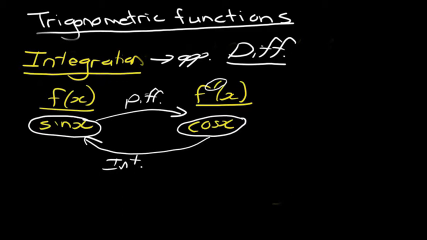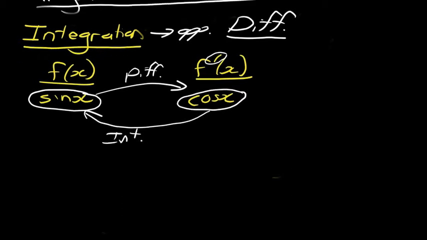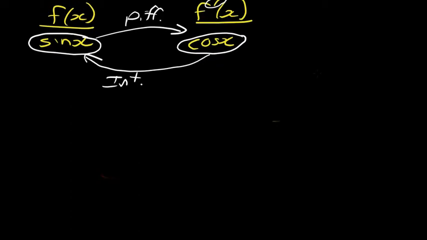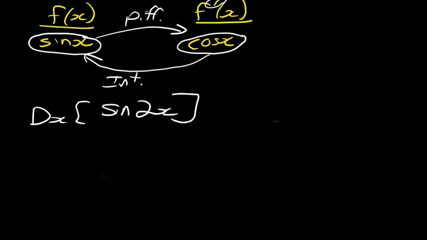Okay, so let's look at an example of how we will deal with differentiation and integration. Let's say you have a function sine 2x. You see here we will use the chain rule, because we have a big function sine and a small function inside the sine, and that's 2x.